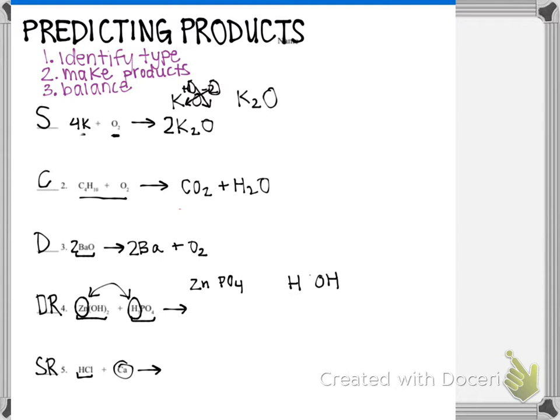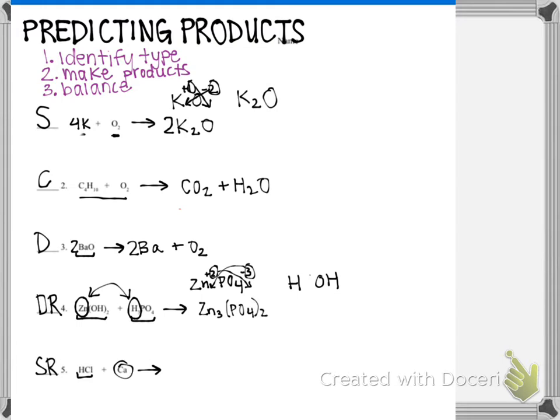So starting with zinc and phosphate, zinc is part of the 3-2-1 rule, so zinc is a +2, and phosphate is a -3. So because those don't cancel out, we have to crisscross. So your compound would be zinc with a 3 and PO4.